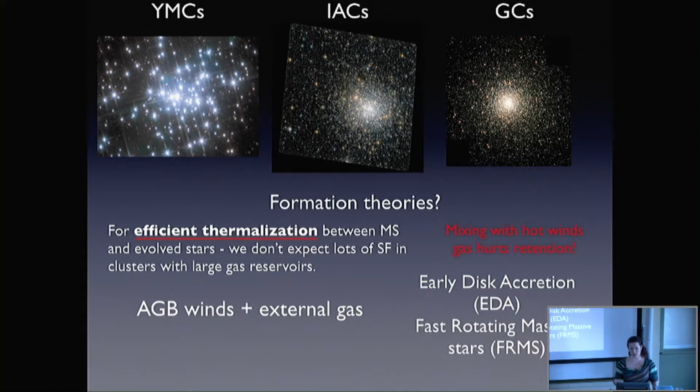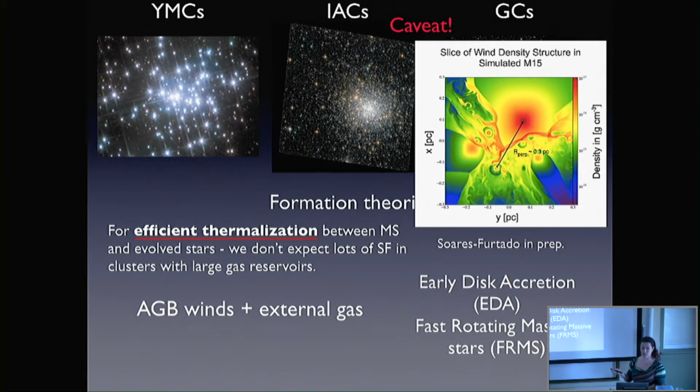Either way, and we're remaining agnostic, you're going to have this background of relatively hot gas, hotter than people were thinking. And if that mixes with whatever gas from whatever system, or whatever theory you think is supplying material for the second population, this is going to hurt retention.